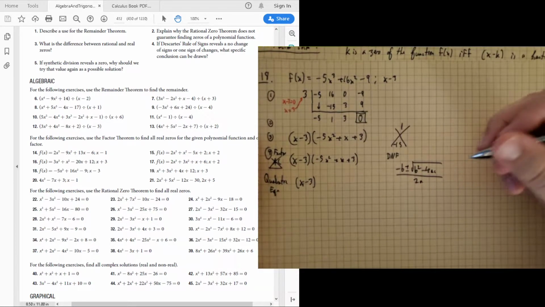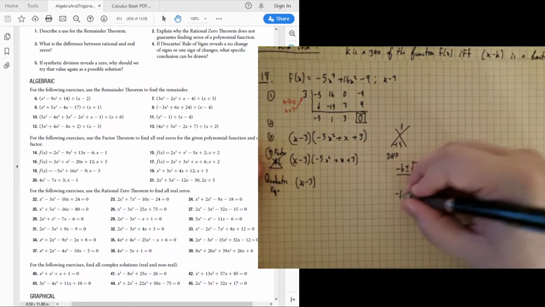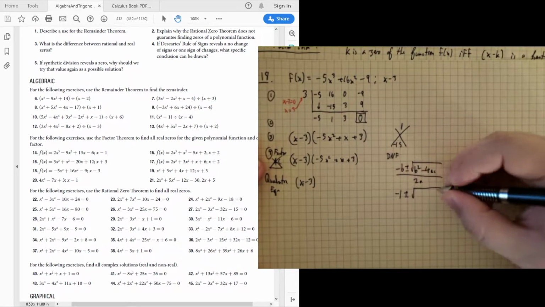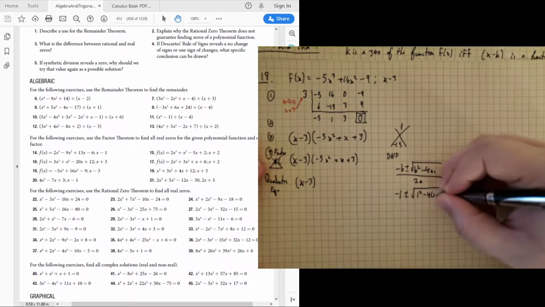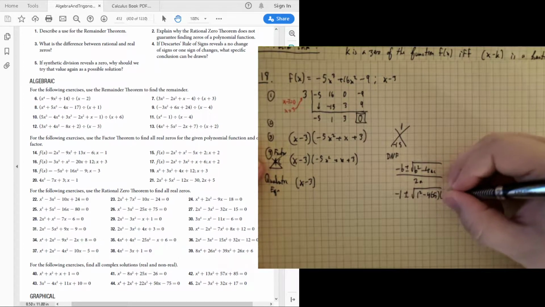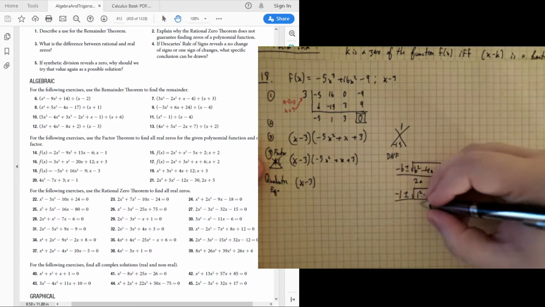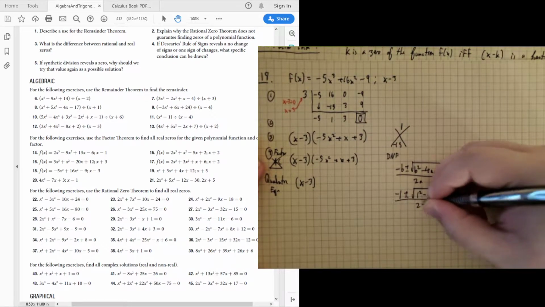So let's see what we get. Negative b, that'd be negative 1 plus or minus the square root of 1 squared minus 4 times negative 5 times 3 all over 2 times negative 5.